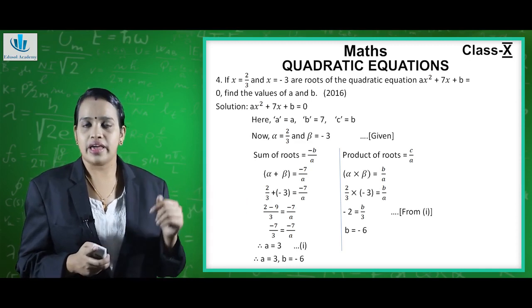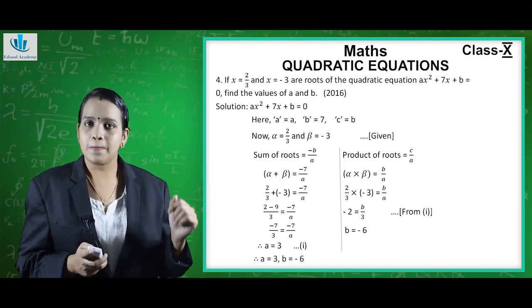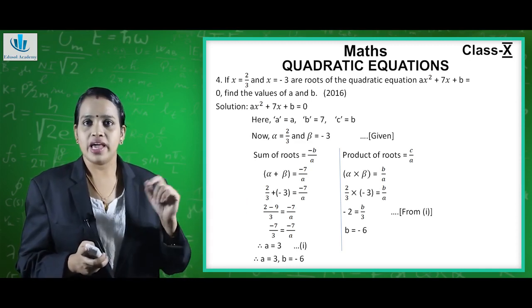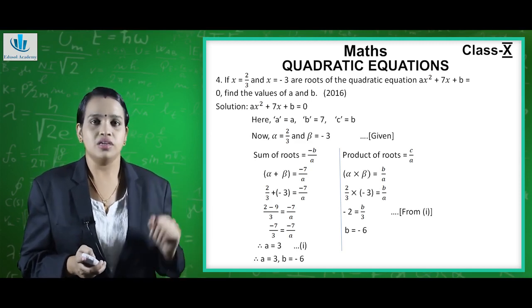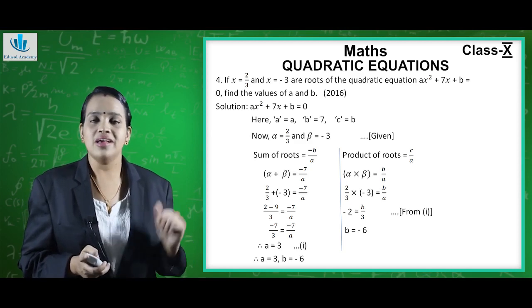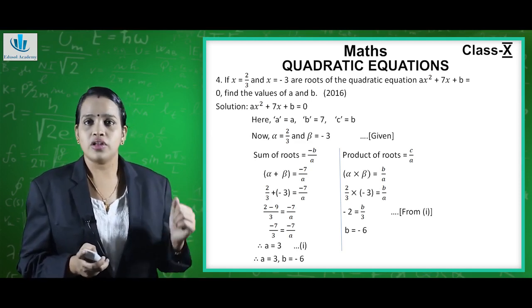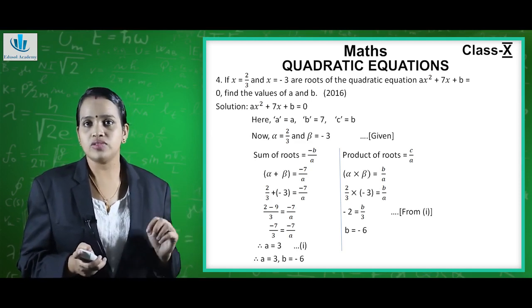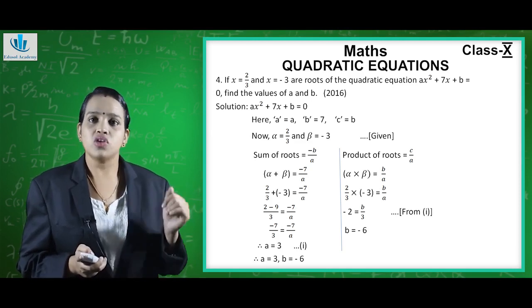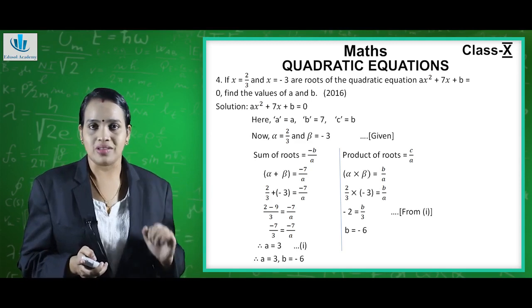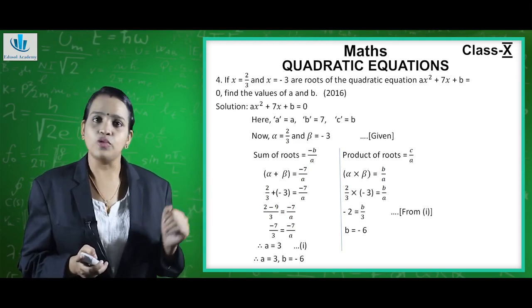Here, a is a, b is 7, and c is b. Now two values of x are given here, so we can write them as alpha and beta. Our alpha will be equal to 2/3 and beta will be equal to −3.